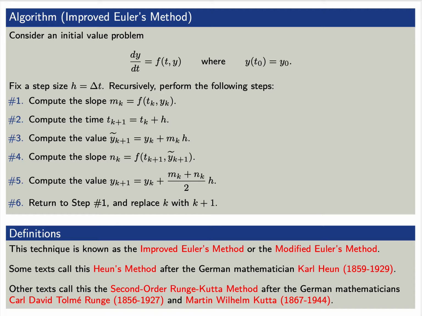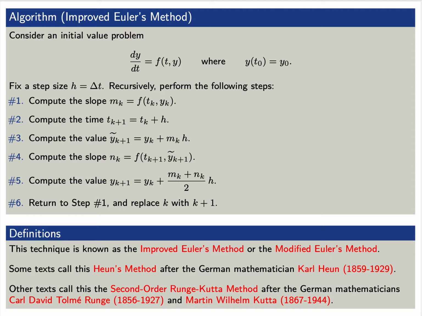Third, compute the value y tilde at k plus 1, which is y_k plus the slope m sub k times the step size h. Fourth, find a new slope n sub k, which is f of t_(k+1), y tilde k plus 1. And finally, compute the new value y sub k plus 1 as y sub k plus the average, m_k plus n_k over 2, times the step size h.